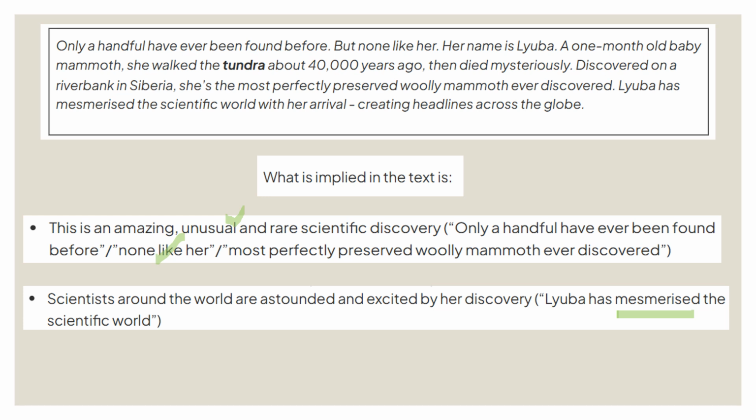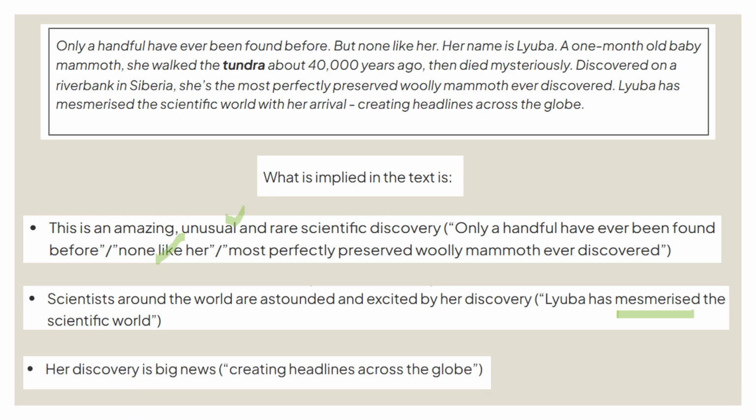Every choice of a word by a writer is on purpose. So we have to see why this particular word is used here. Why not some other word? Look at another example. Her discovery is big news. This is my implied meaning. And why do I suggest it? Because of creating headlines across the globe. And something is a headline when it is something big.